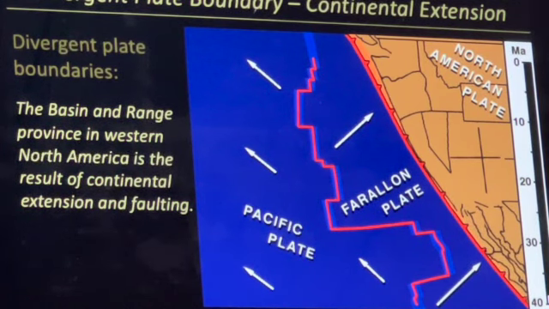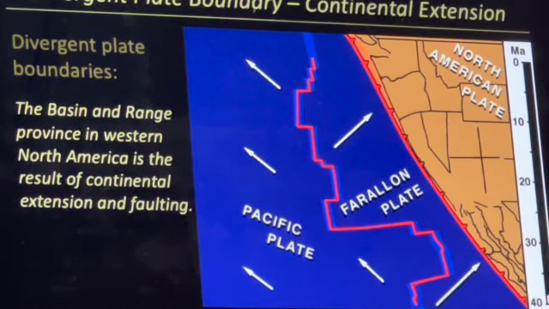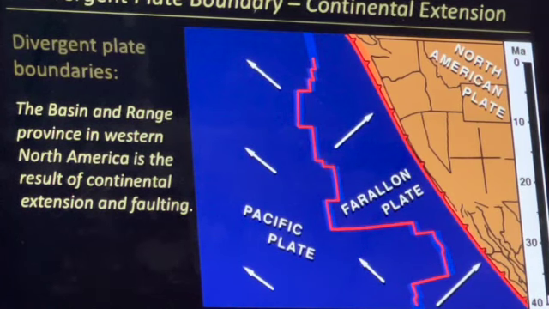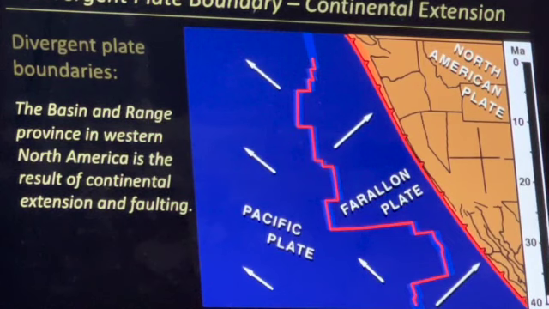They were a narrow region, and they get pulled and stretched out to a much wider region. And this is the Great Basin. This is what is happening to cause what we call the Great Basin part of Western North America. It's being pulled apart. It was a much thinner section, and now it's been pulled and stretched to a thicker section.